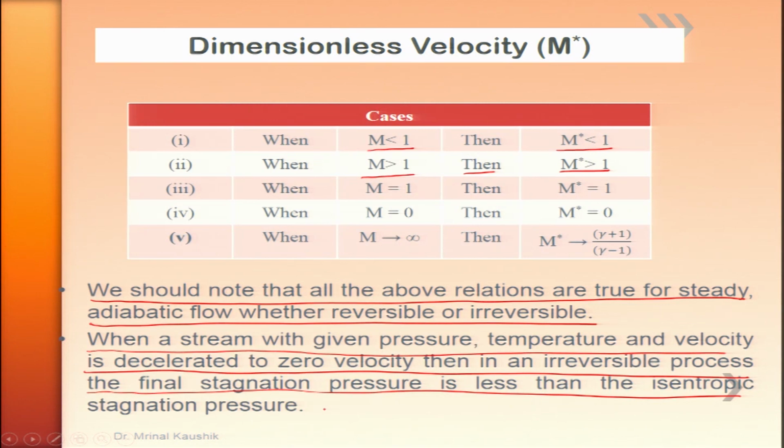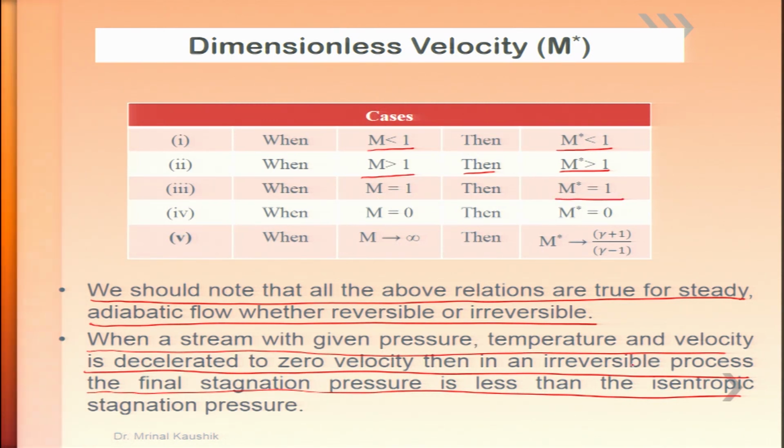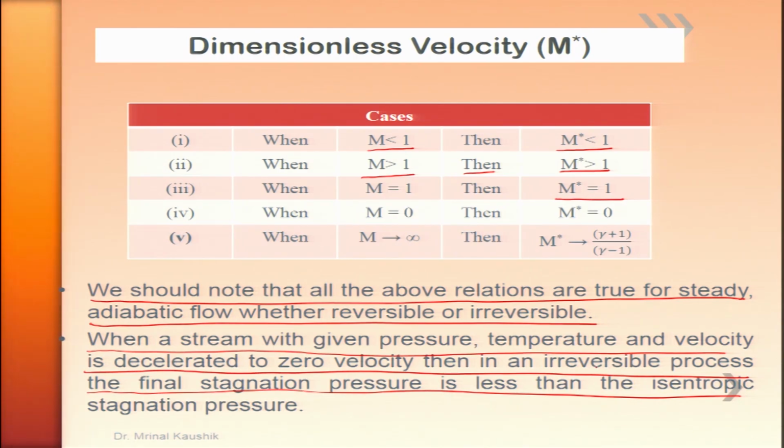When M is equal to 1, M star is also 1. Furthermore, if M is equal to 0, then M star is equal to 0. So far, for M between 0 and 1 and for M greater than 1, both M star and M behave similarly. But now there is a change.